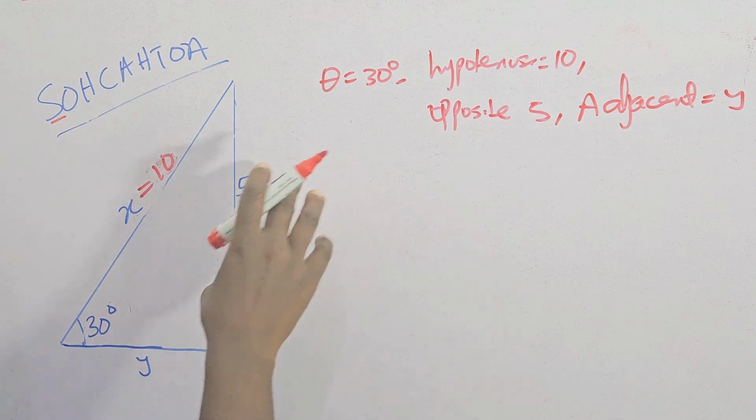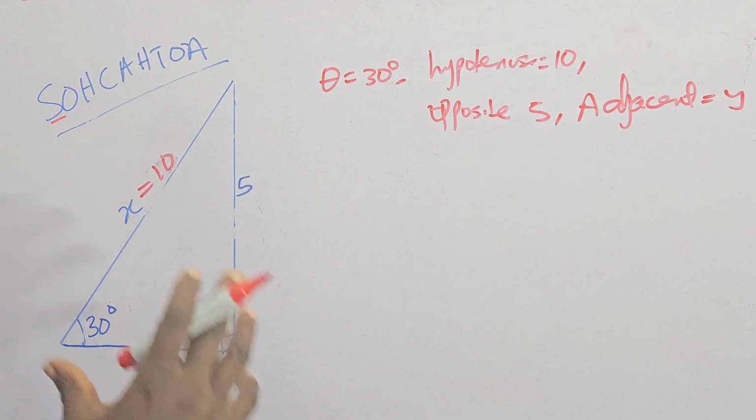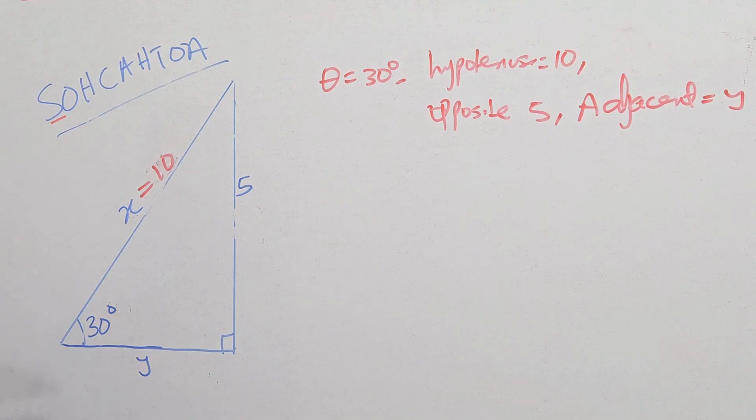And actually, to solve for this adjacent, you can use Pythagoras theorem directly and get the value for the adjacent. But because this video is not on Pythagoras theorem, it's on trigonometry ratios, I'm not going to use it.